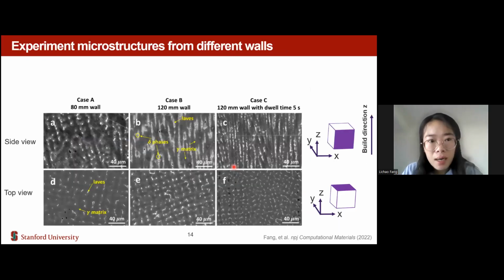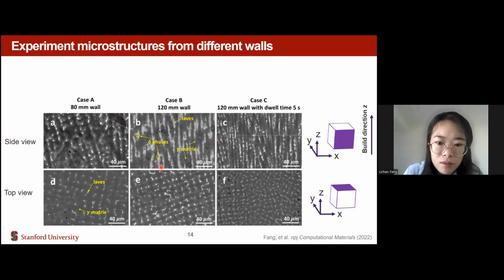At the same time, we did SEM experiments to look at the microstructure from different walls. For example, from the left to the right, these are different cases. The top 3 figures show the microstructure from the side view, while the bottom 3 figures show the microstructure from the top view. The top view is normal to the building direction.